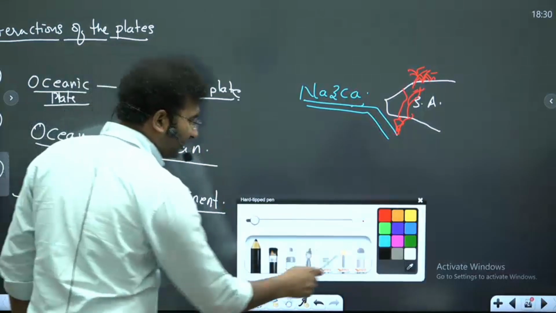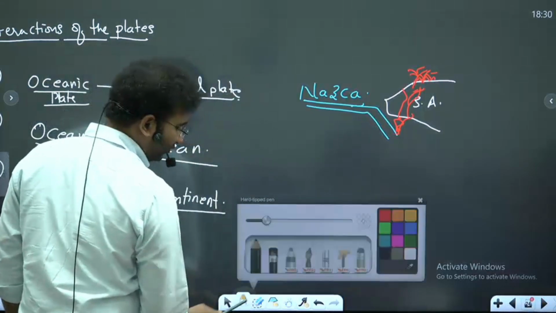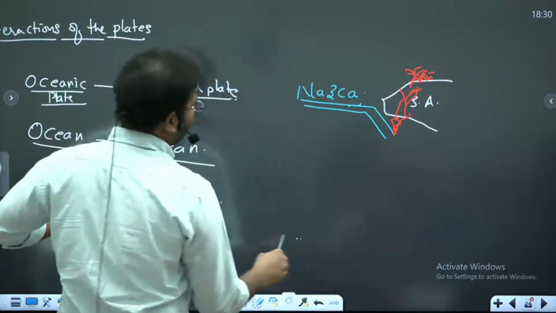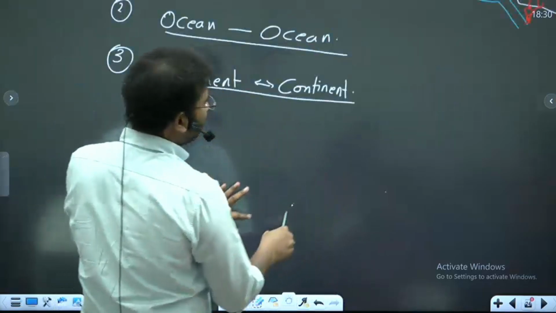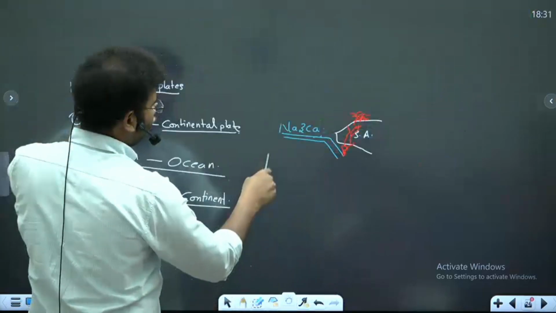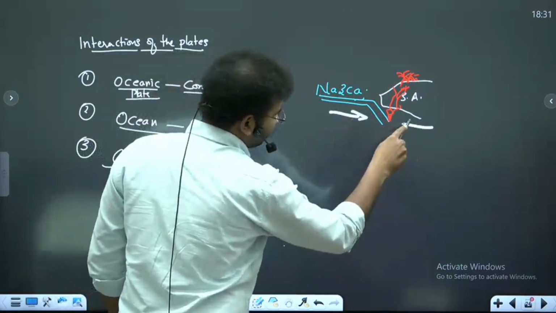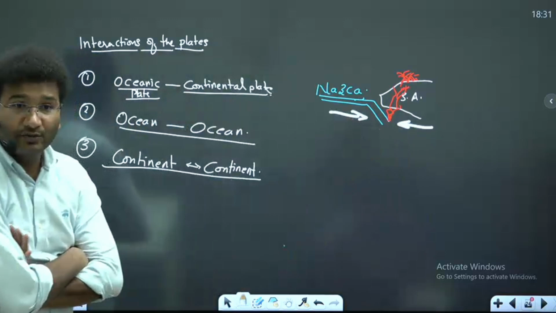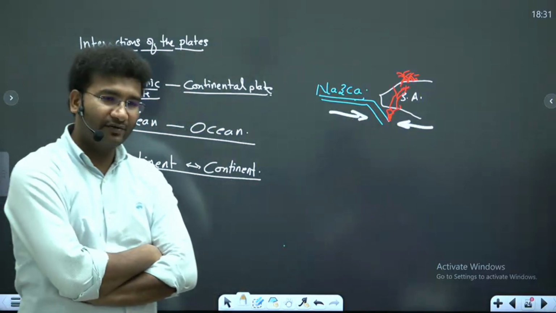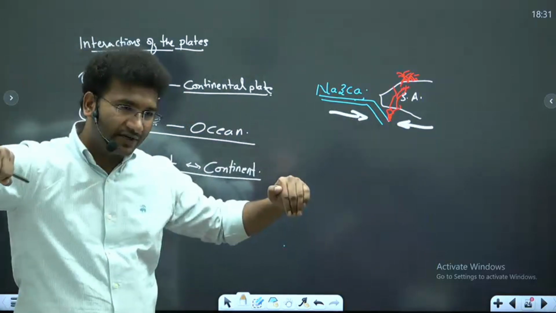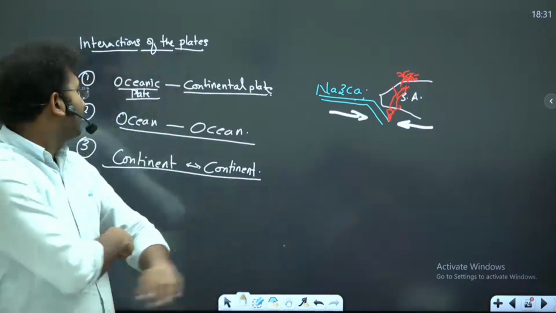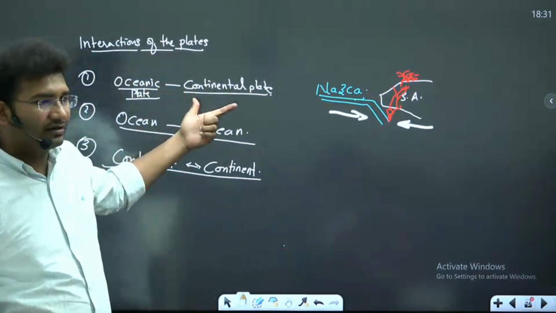In this particular area, the interaction can be of two different types. One, the interaction can be of convergence and the other of divergence. Look here. This is the case of convergence. There can also be a case of divergence, that means both the plates are moving away. So the first case is continent and ocean convergence.